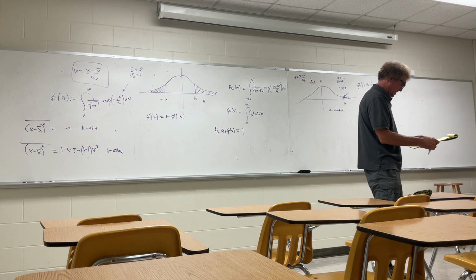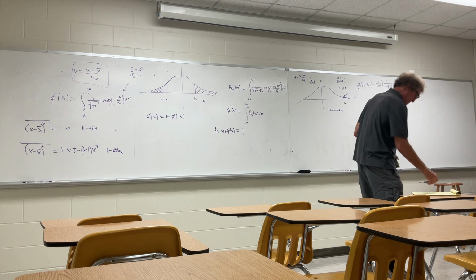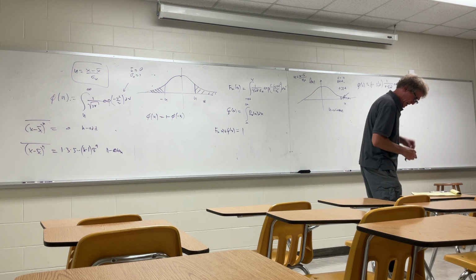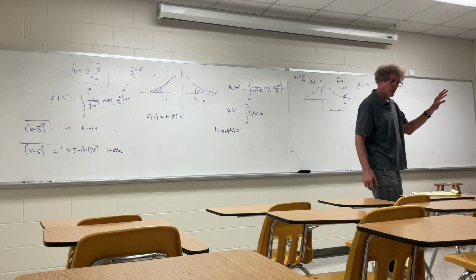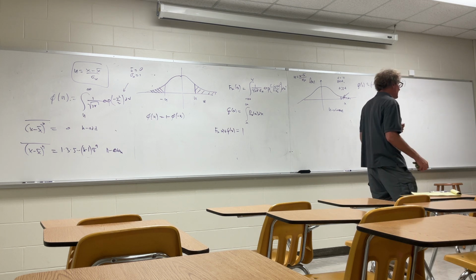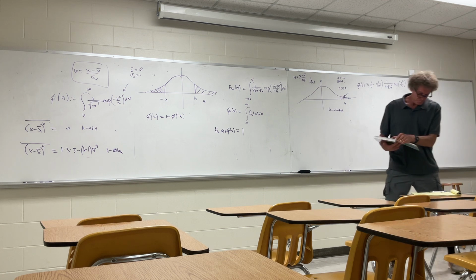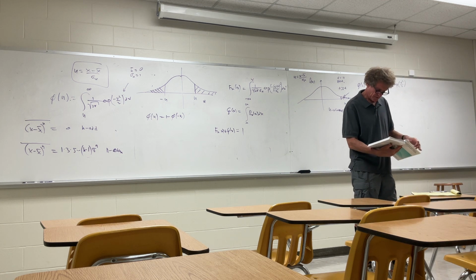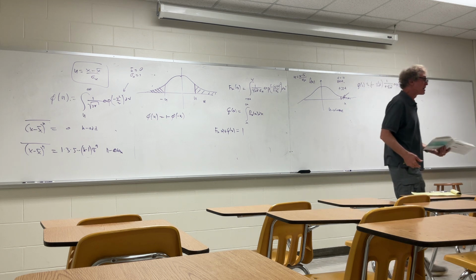I want to do exercise 2.5.1 in the book. I think I put the answers down next to the problems, didn't I? Just the answers. I don't think I put the work there. So this is exercise 2.5.1. All right.